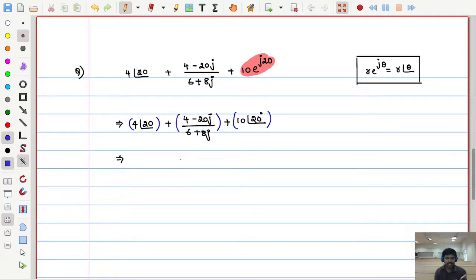Once the calculator is in complex mode, you will get that I directly. If the calculator is not in complex mode, you will not get the I symbol, so your calculator should be in complex mode initially. Clear? So 4 minus 20i divided by 6 plus 8i, where i is equivalent to j. Next is plus 10 at an angle of 20.